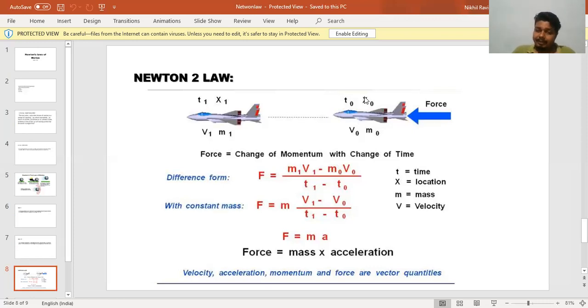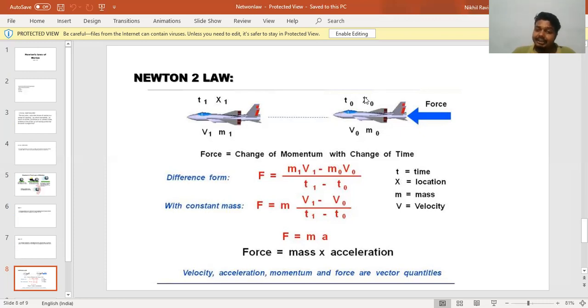Now you will understand acceleration. What is acceleration? In the second form with constant mass, we have m into v1 minus v naught divided by t1 minus t naught.